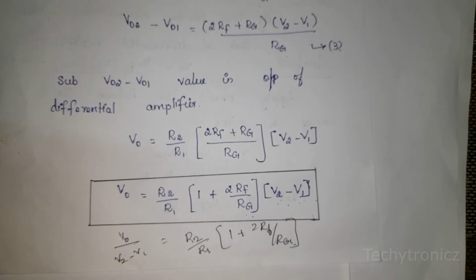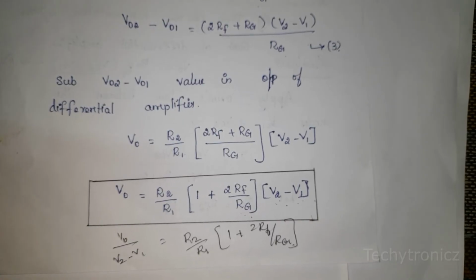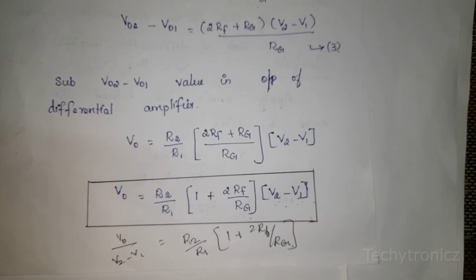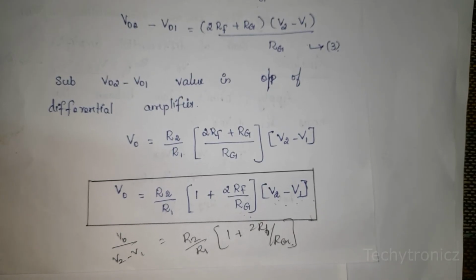The instrumentation amplifier satisfies some requirements. First, easier gain adjustment, which means in this differential amplifier we need to change only one single resistance value to adjust the gain. Second, it provides high CMRR.